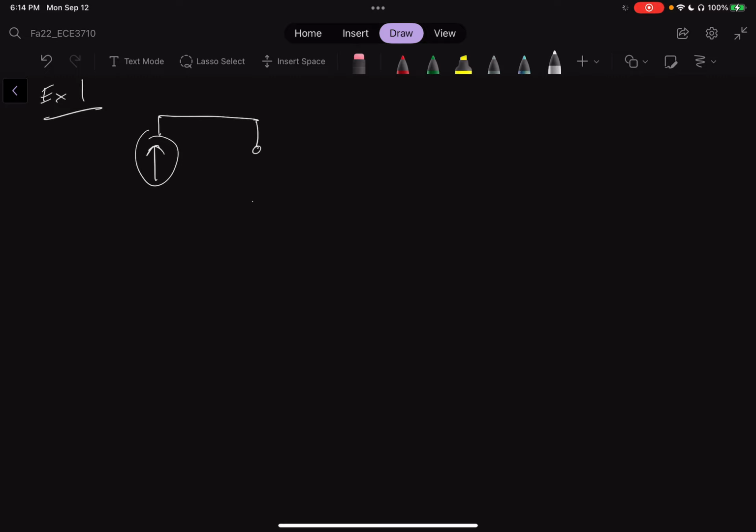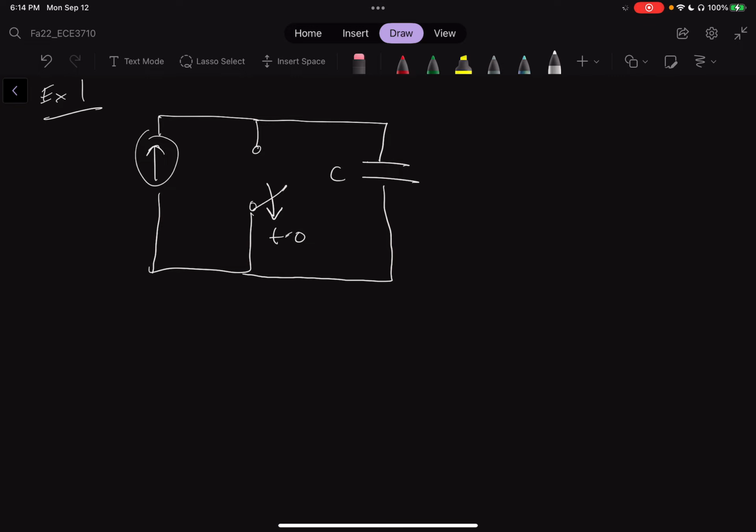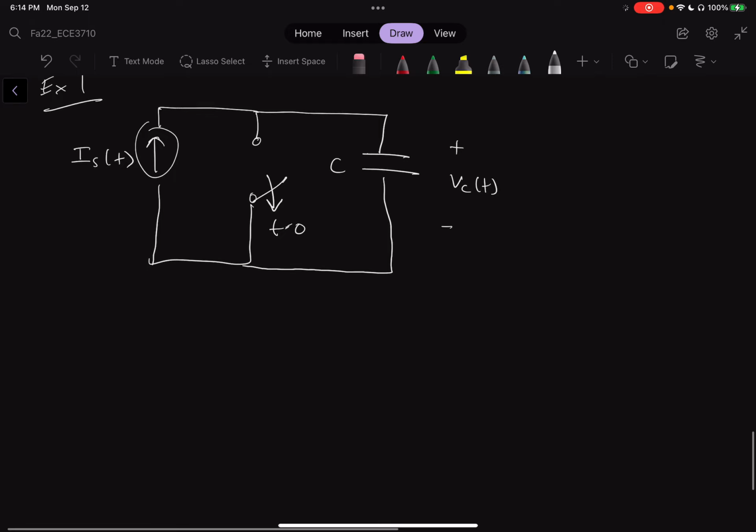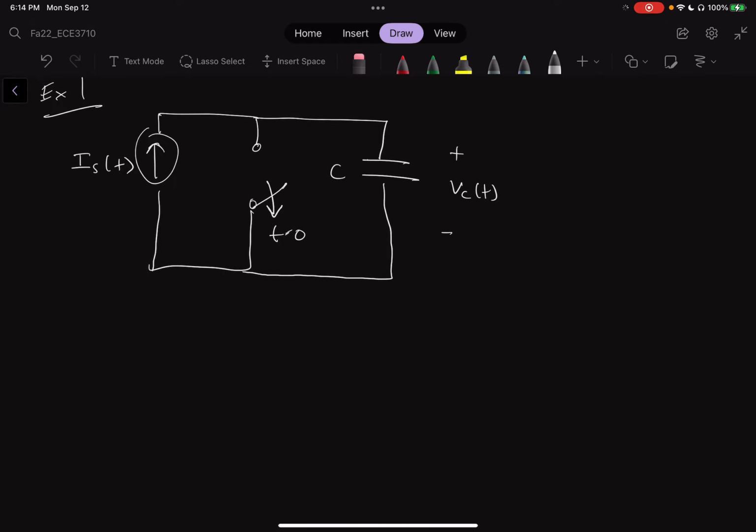We have a switch here, and it's going to open at time equal to 0. And we have a capacitor. I'm going to call this C, and this is the voltage of my capacitor. And let's call this IS of t.